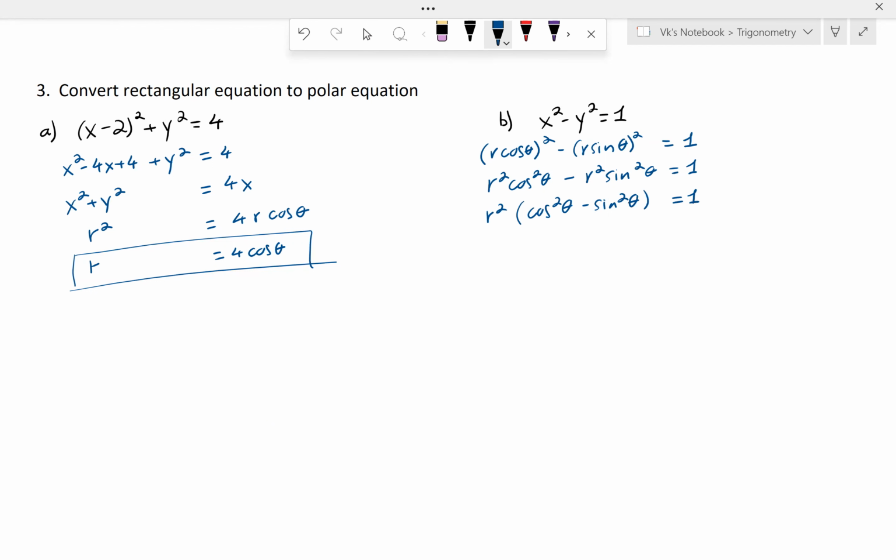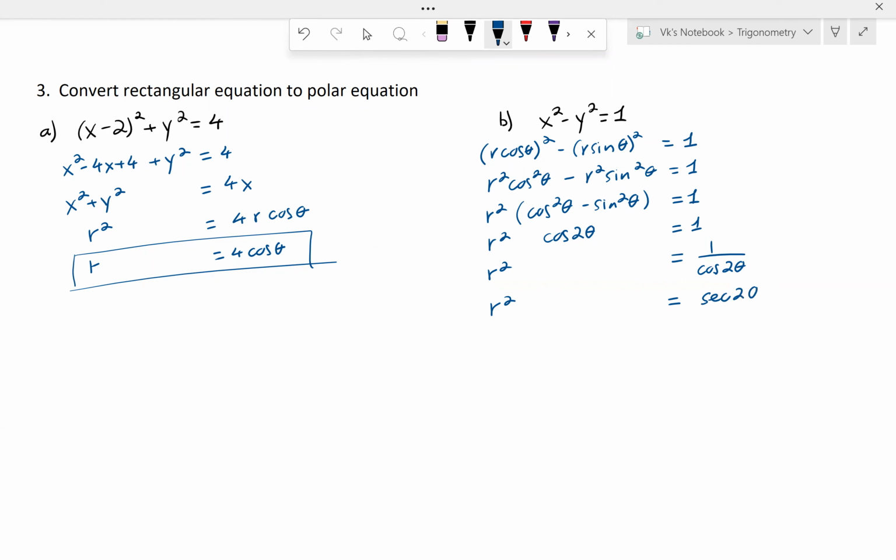Cosine squared minus sine squared is cosine 2 theta. Oh, double angle formula, r squared. So this tells us that r squared is 1 over cosine 2 theta. And 1 over cosine is secant.